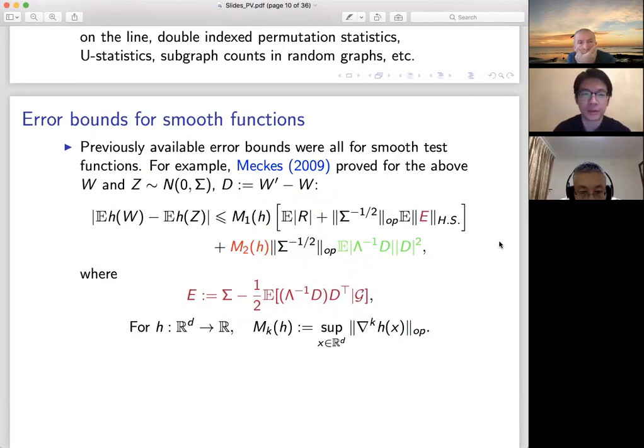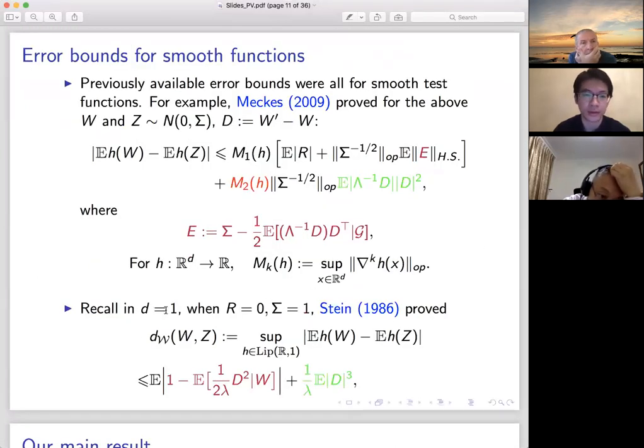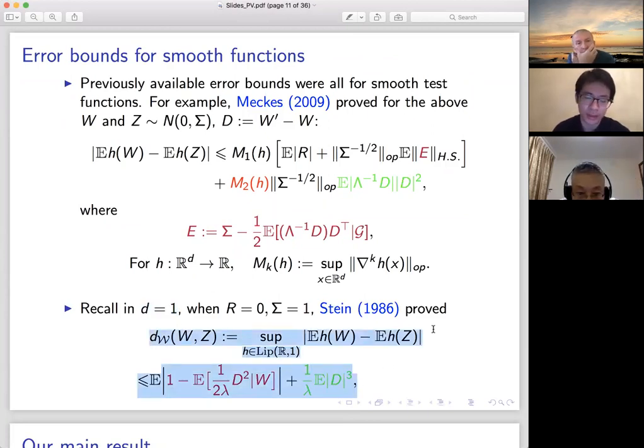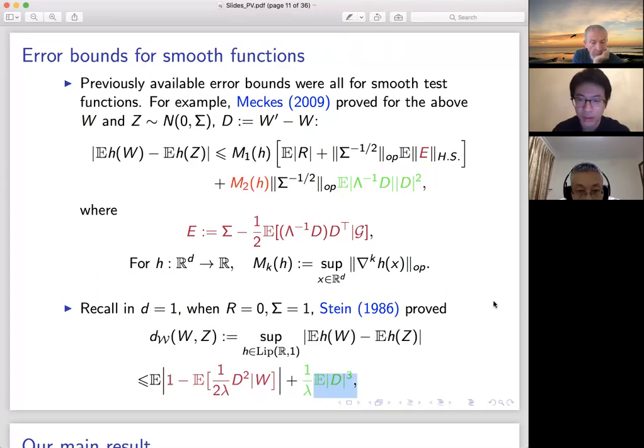Okay, so that is Meckes' upper bound. It's easier to just compare it with Stein's bound for the one-dimensional case. So in d=1, this was the result I stated before. The terms involving W are very, very similar. So this E corresponds to the concentration of conditional second moments here, and this third moment of the Euclidean norm of D corresponds to the third absolute moment of D in the one-dimensional case.